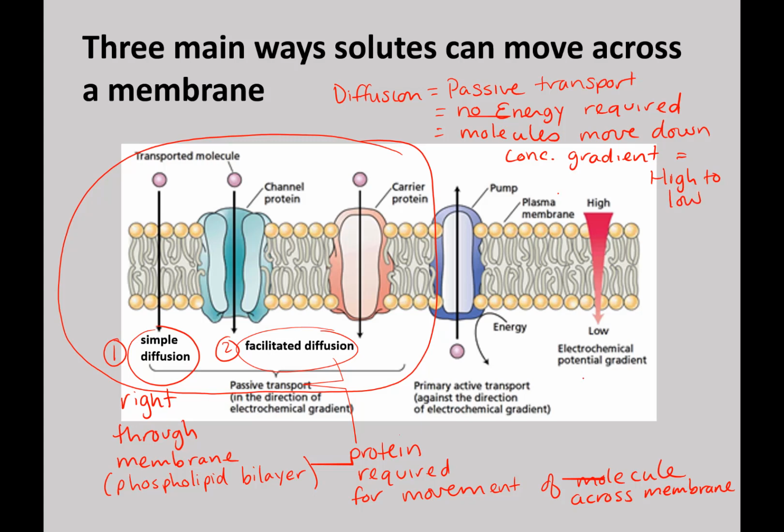So on this side of the phospholipid bilayer, it's telling you that whatever we're trying to move, this little circle, has a high concentration on the top of the membrane and a low concentration on the bottom. So simple diffusion, facilitated diffusion, whether it's with a channel protein or a carrier protein, allows for molecules to move across the membrane from high to low concentration.